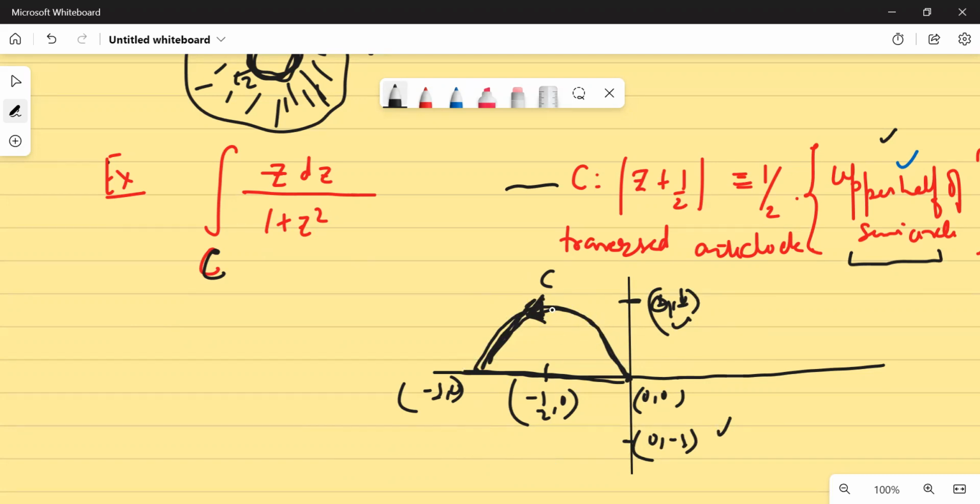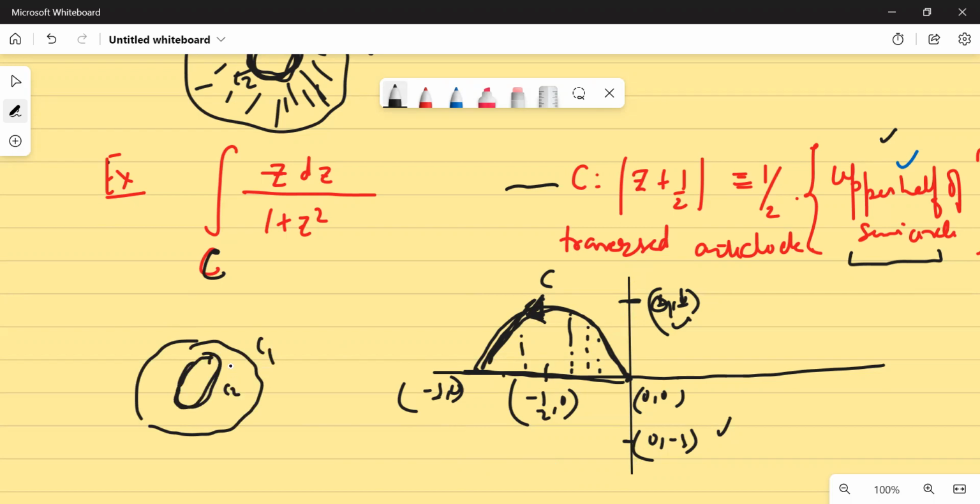Instead of integrating over this curve C, since my singularities are on the y-axis, they have nothing to do with this particular region. So I can completely transform this particular C into the x-axis. Yes or no? Remember what we said: instead of integrating over C1, you can also integrate over C2.